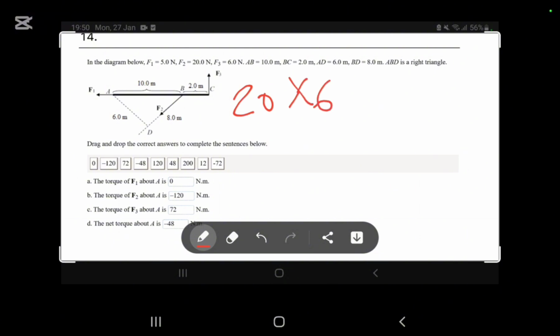But we have to find out if it's positive or negative by using any object and acting as if the force is acting on it, and you'll find out that it's moving clockwise. So it's negative 20 times 6, which is equal to negative 120.